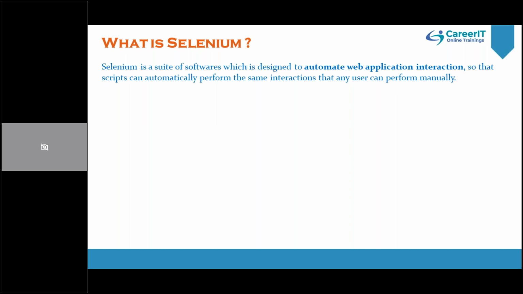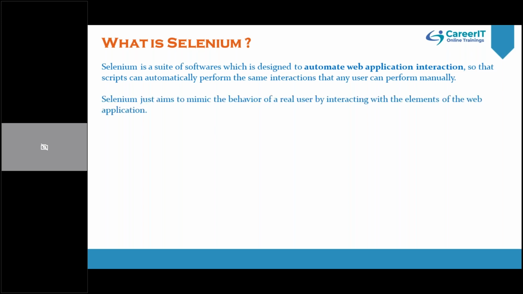Okay, so it is going to automate web application interaction, so that whatever automation scripts we designed can run automatically and perform the same interactions how the real user performs. How the real manual user performs, right? Like how the manual user mimics. Suppose the end user is going to click on a button, or he's going to navigate to a different page, or he's going to fill up a particular form, right?